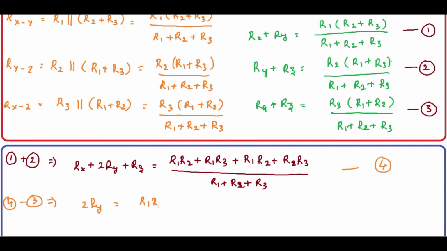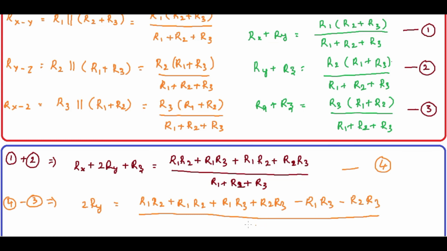It is R1 R2 plus R1 R2 again plus R1 R3 plus R2 R3, and I need to subtract this part, so minus R1 R3 minus R2 R3, whole divided by R1 plus R2 plus R3.